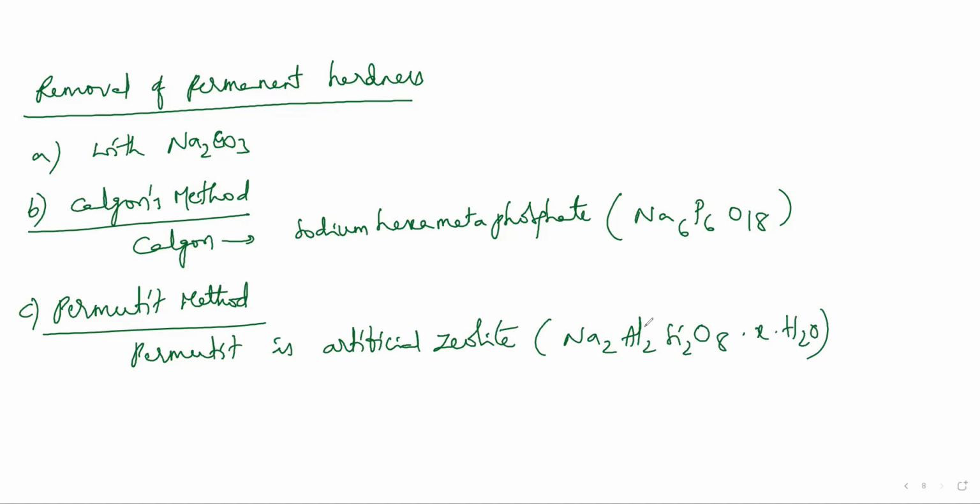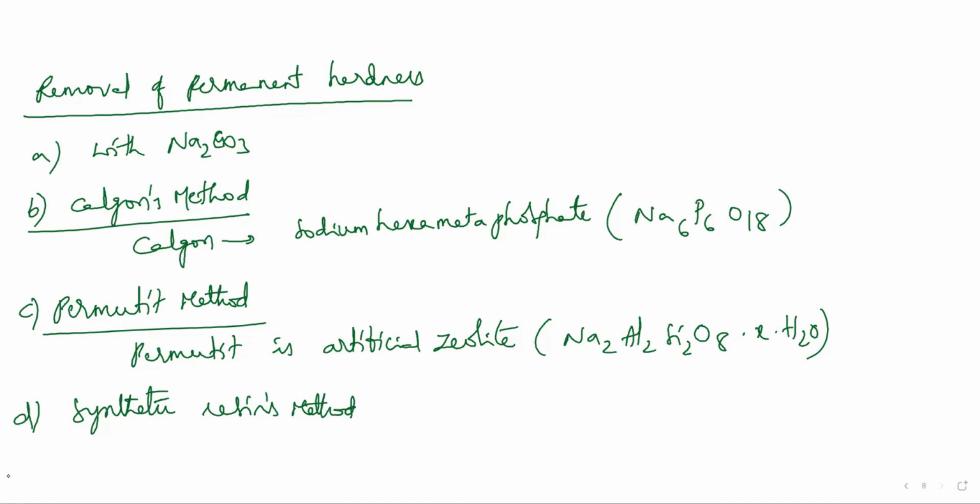So this is what we call artificial zeolite. Last method, synthetic resins method. So this is all about temporary hardness and permanent hardness of water, right?